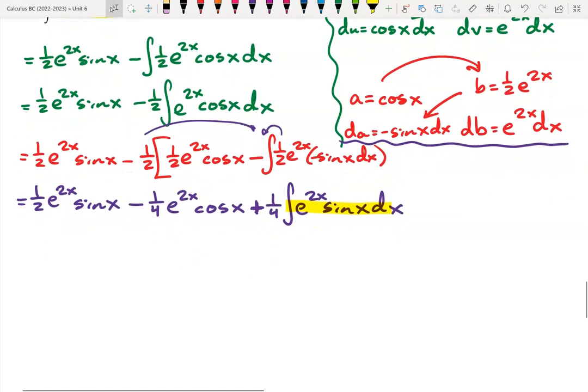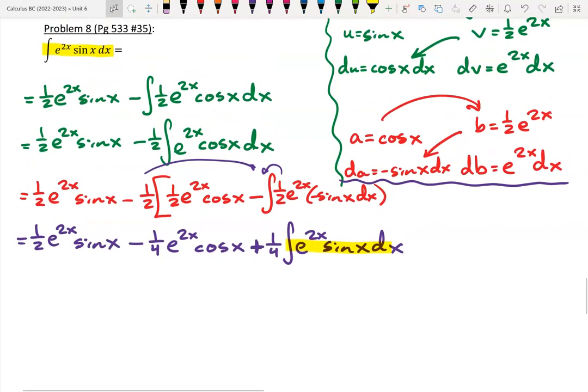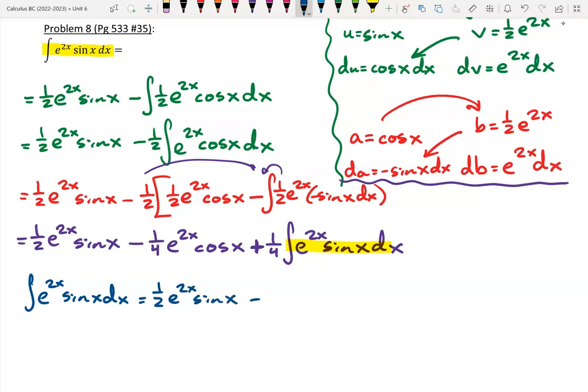So what we do is we say, all right, what we had originally, the integral of e to the x sine of x dx, is equal to this big whole long thing here. It's 1/2 e to the 2x sine of x minus 1/4 e to the 2x cosine of x plus 1/4 integral of e to the 2x sine of x dx.